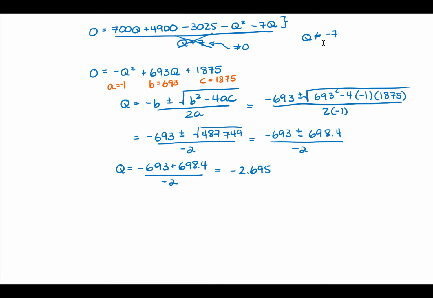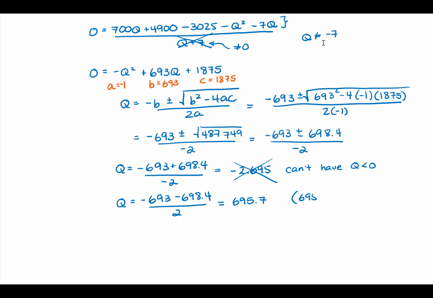Now our Q values can't be negative, so this is not possible. So let's try the other Q value. If I subtract my 698.4 instead, this gives me 695.7. So I have an intercept where Q is equal to 695.7. I expect my total revenue to be equal to 0.